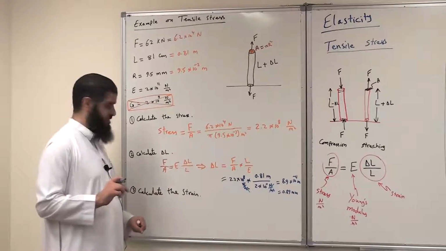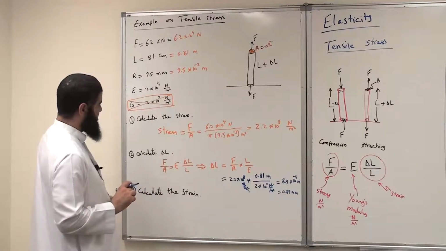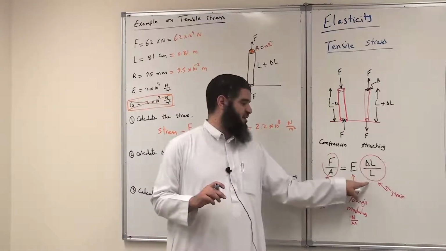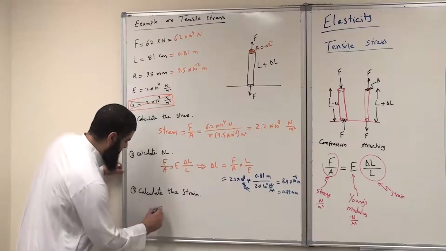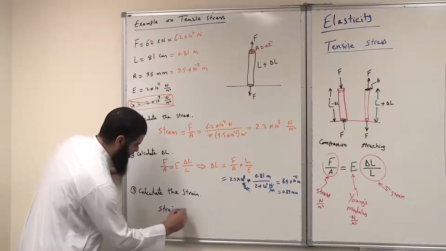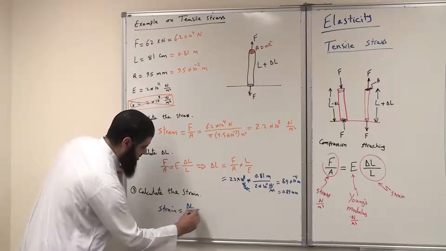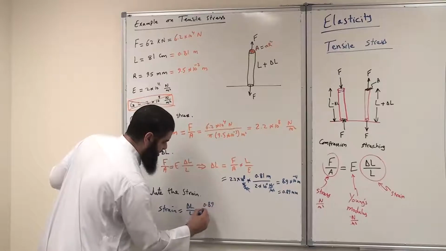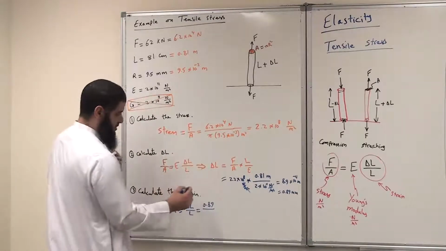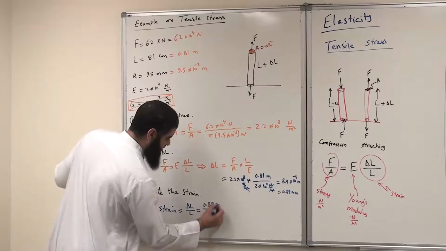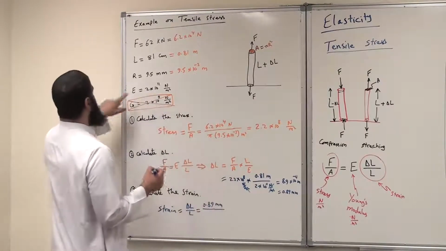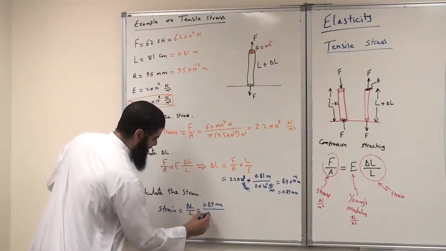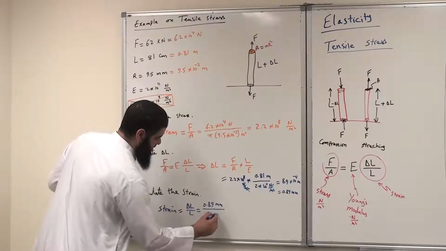Calculate the strain. This is the final or the last question here. What is the strain? The strain, as you can see, is the change in the length divided by the original length. So strain equals the change in the length divided by the original length, and this will be 0.89 millimeter divided by the original length, which is 81 centimeter, but this is 810 millimeter.